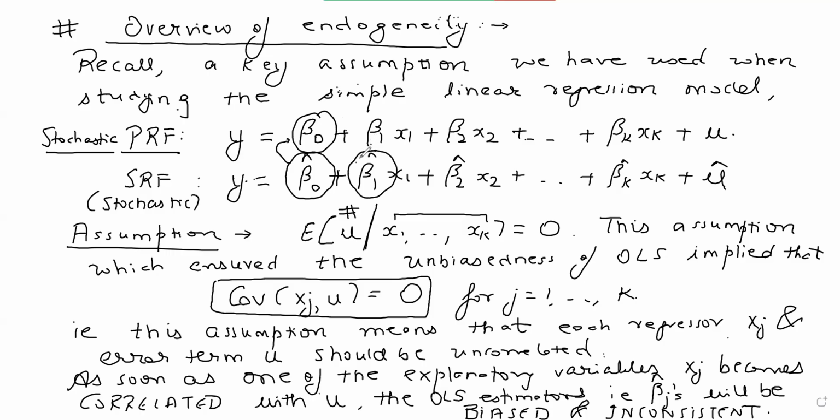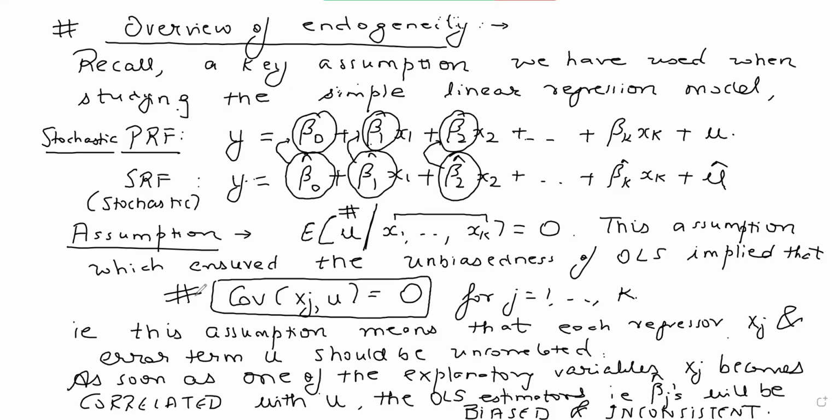Beta 1 hat will not be able to properly estimate beta 1. Beta 2 hats from the sample will not be able to estimate beta 2, and so on. If one of the independent variables is now correlated with the error term, that means if this assumption is violated, then your OLS estimators will be biased and inconsistent.